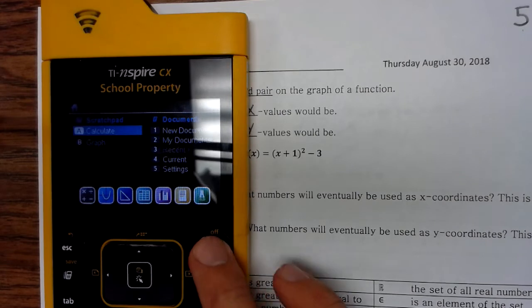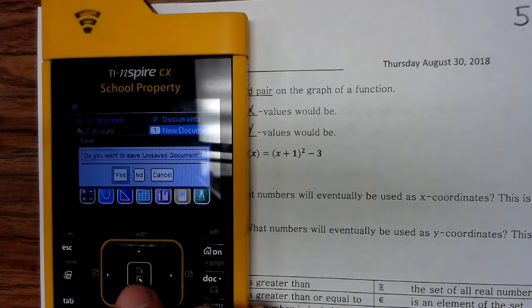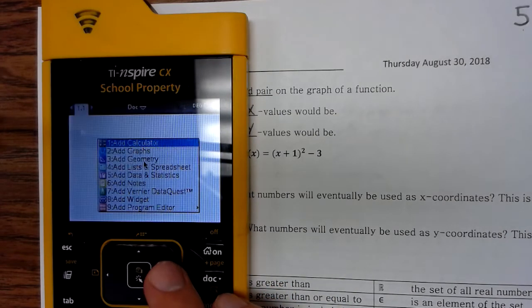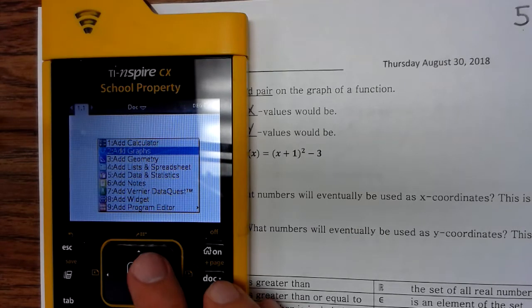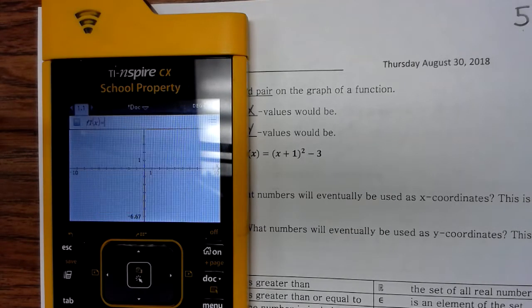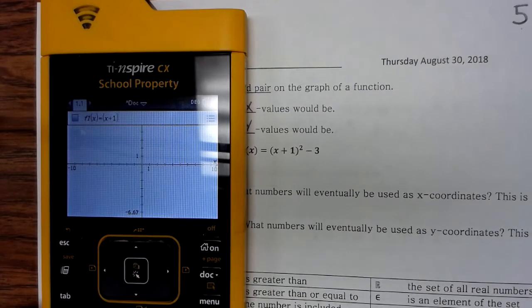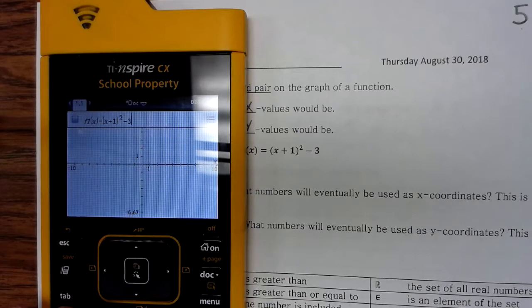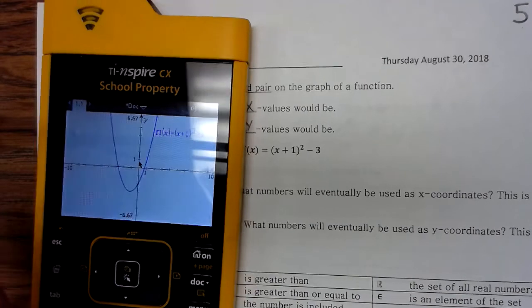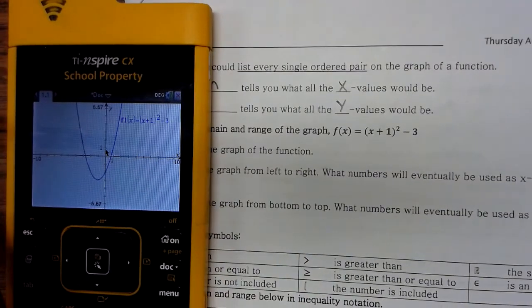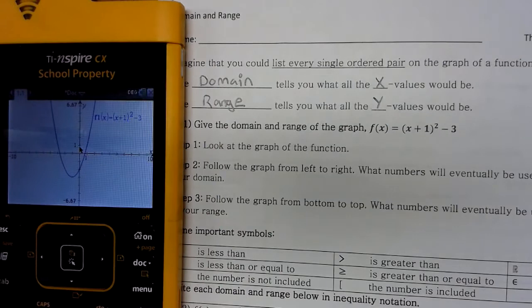So I'm going to go to new document, add graph, and then we're going to graph (x plus 1) squared minus 3. Kind of got a glare, but I think you can see it enough to understand what's going on. All right, so there we go, off to the side there.